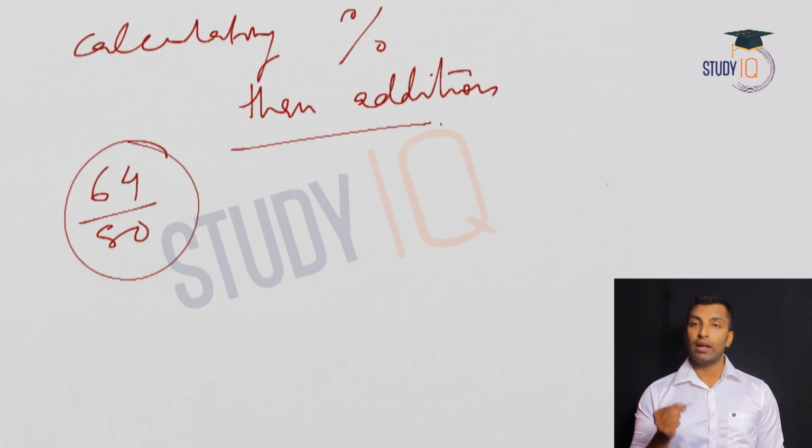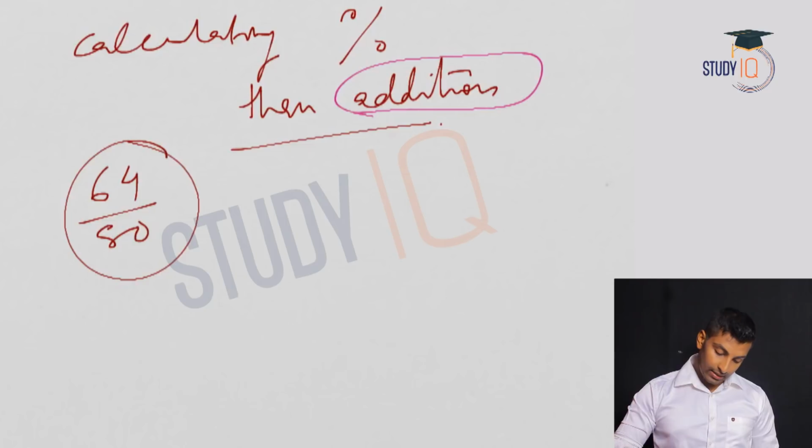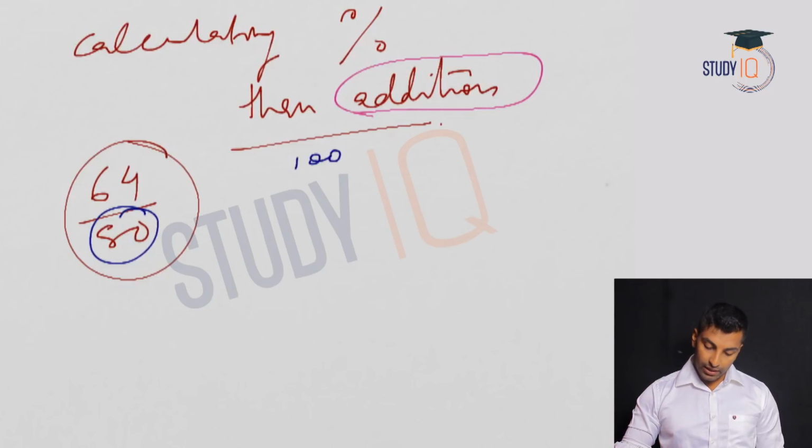Now let me tell you before I start, if you need to calculate percentage through addition, you should have very good addition skills. But this question is very easy. What you'll do is try to reduce it into 100%, 50%, 25%, 10%, like this.